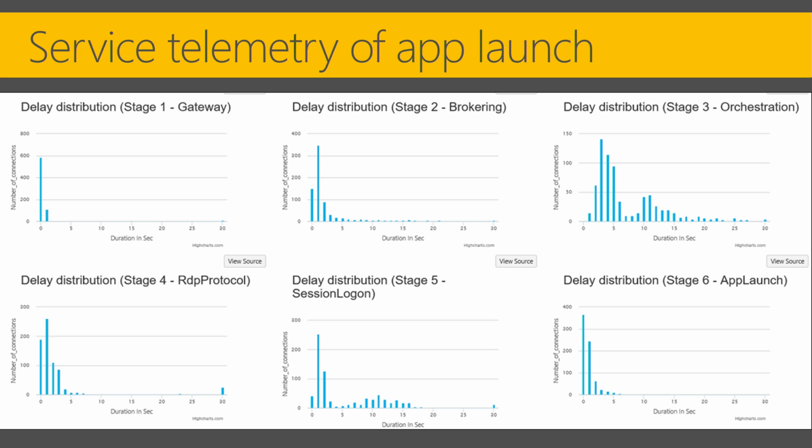Stage 4 in the bottom left-hand corner, looks good, but like that session logon, this guy's got a tail end. It looks kind of like a crocodile that I saw yesterday. What's going on? Why do some users have good and some don't? It's something to investigate on that. And then phase 6. So we actually look at this data, and we're optimizing where we can make changes to it.